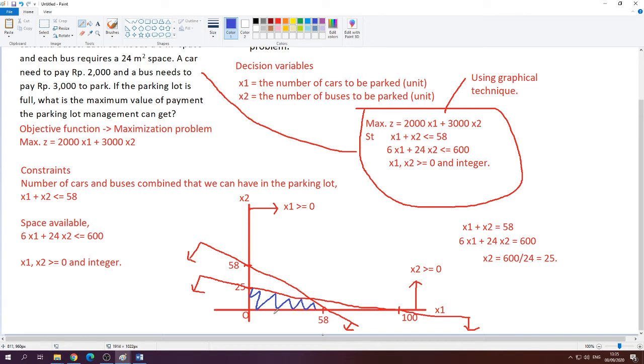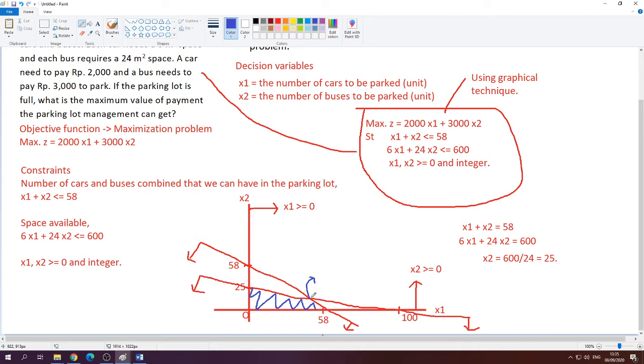So we have 4 points at the corner of the feasible region: the 0, 0 point, the 58, 0 point, 0, 25, and this point. But we do not know yet the intersection point that we have over there.